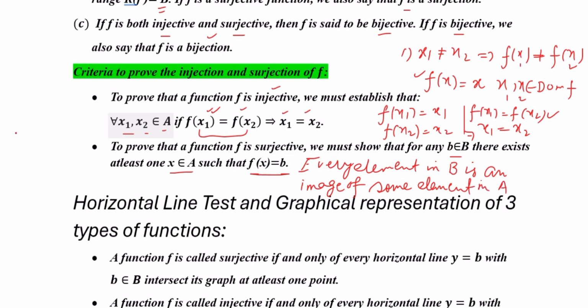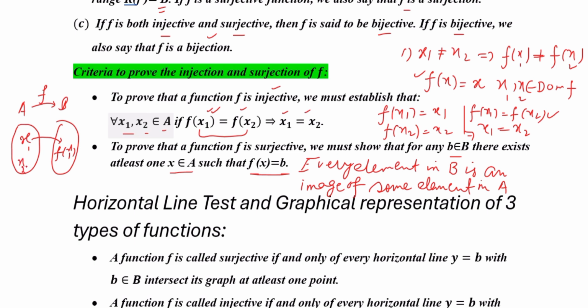We can discuss this definition graphically. Suppose this is your set A, this is your set B, and this is the function f that maps every element of A to B. Suppose there is an element x1 in A. When you apply f on x1, it maps x1 to f of x1, and f of x1 is an element of B. Again, there is an element x2.